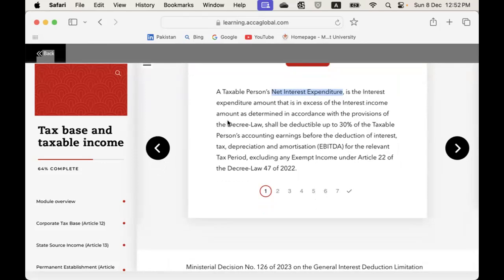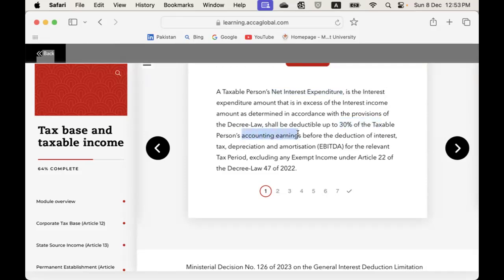So we take the interest expense appearing in the profit and loss account, take the interest income appearing in the profit and loss account, and subtract it. So the net expense is called the net interest expense. And what is the maximum allowable deduction? 30% of the taxable person's accounting earnings.